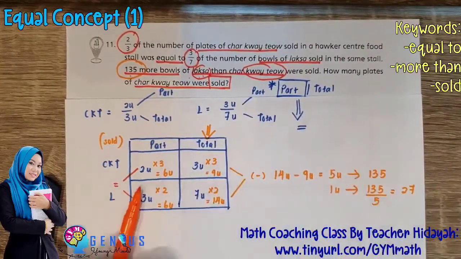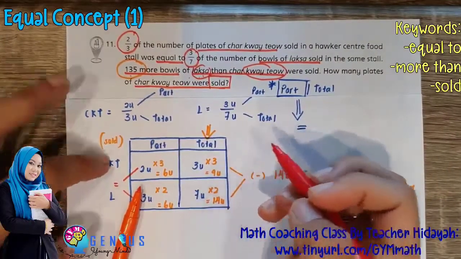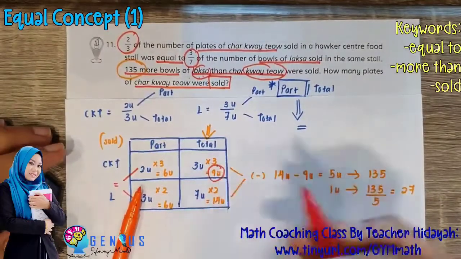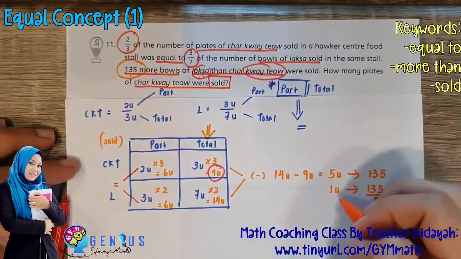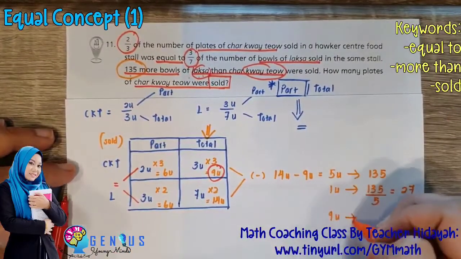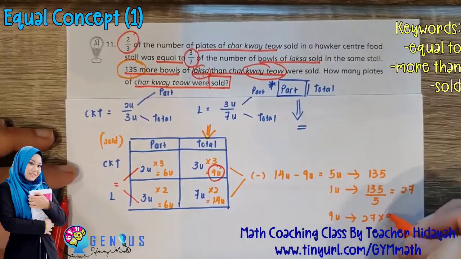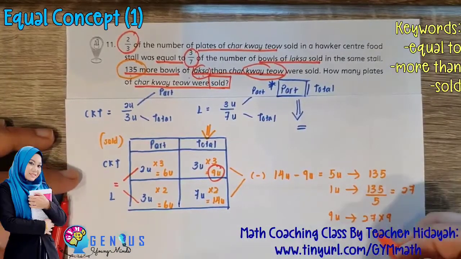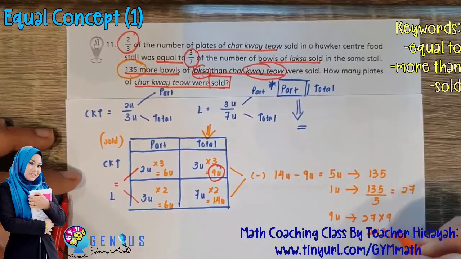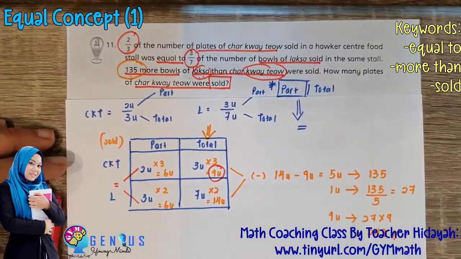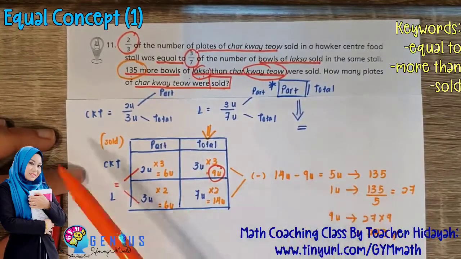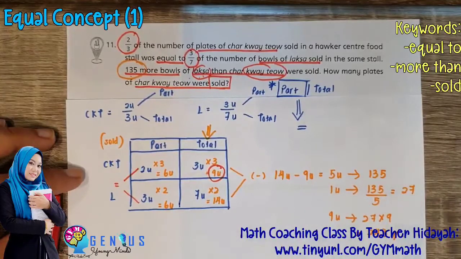So we want to know the char kway teow sold, you look at char kway teow total, so this will be 9 units. So I go and find 9 units, which will be 27 times 9. And this will give me 243. And that's the answer. So this is an equal concept question that involves fractions. Alright?